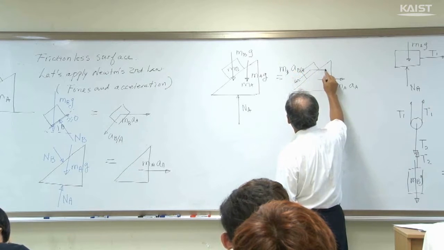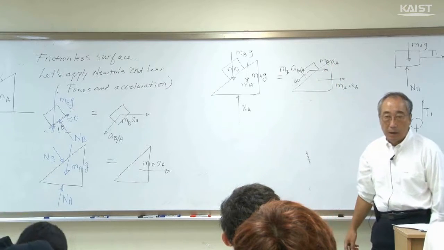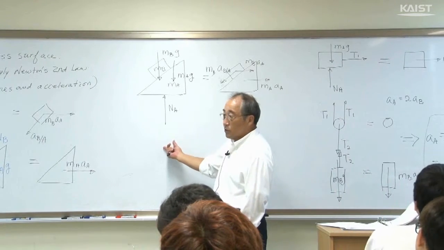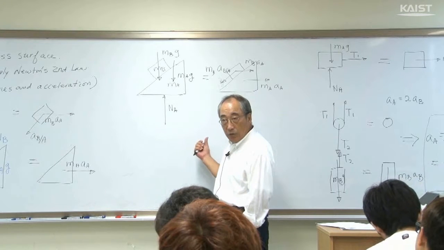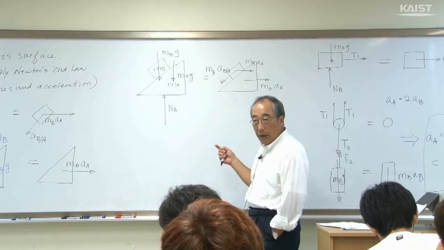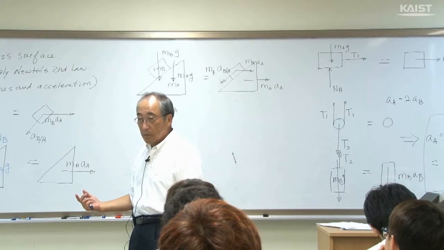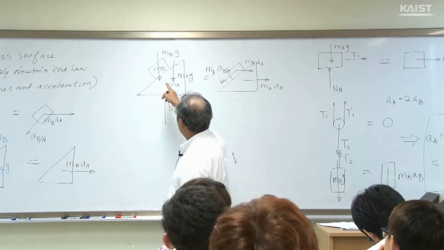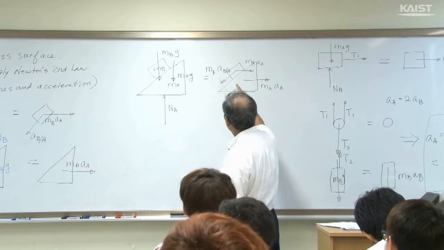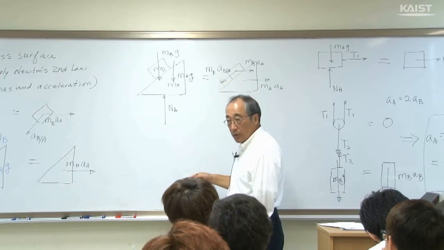And also this will move like that, therefore I write like that. And then I say this is 0 in x direction. So I say 0 equal to MB plus MA, AA, and I say AA is 0. And I say MBG plus MAG minus NA has to be equal to the component of this one in that direction, and so on.